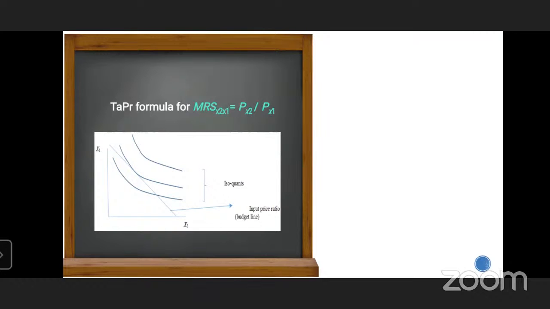Yesterday I told you that the one which comes in the numerator is the replaced resource and the one which comes in the denominator is the added resource. I hope you remember. If we have dx2 by dx1, then x2 is the replaced resource, x1 is the added resource. Okay. So whenever MRTS is more than the price ratio, we increase the added resource.